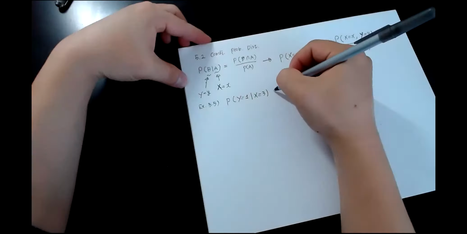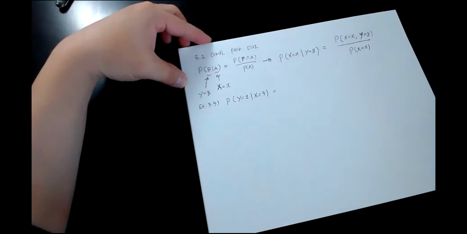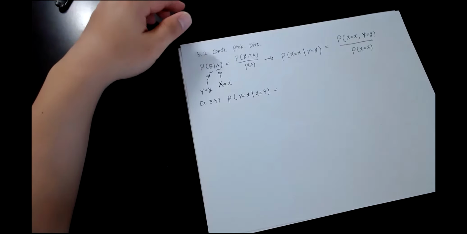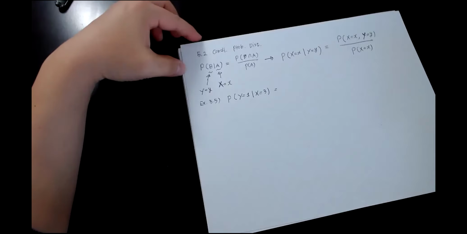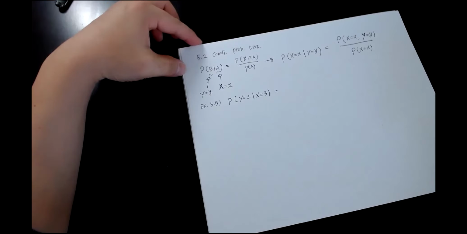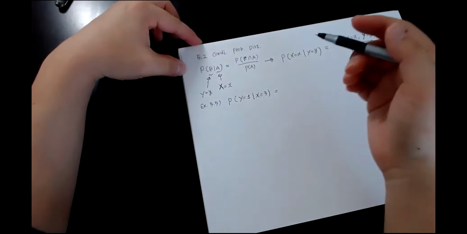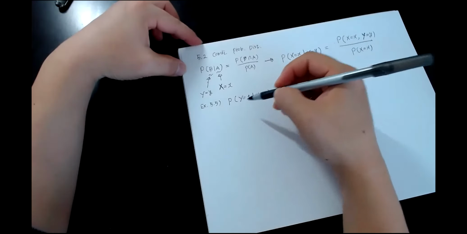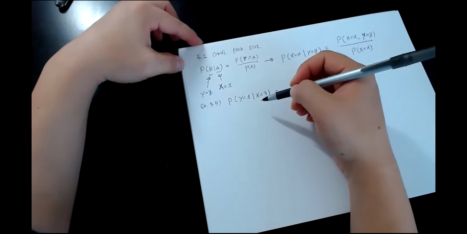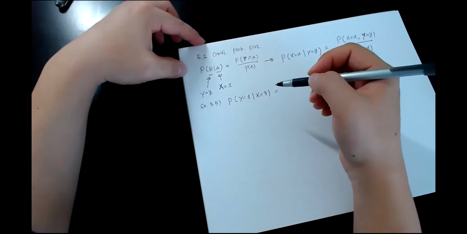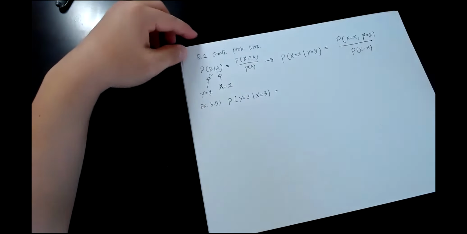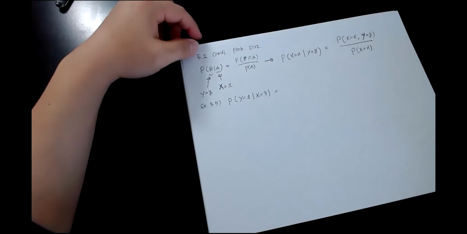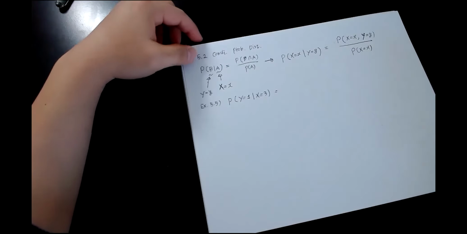In example 5.1, Y represents the response time, and X represents the number of bars of signal strength. Please read example 5.1 in the textbook.